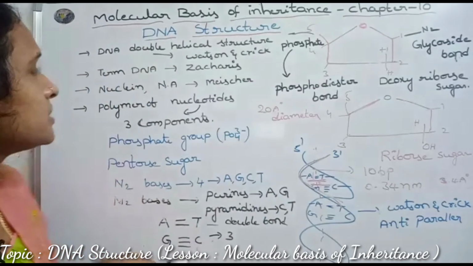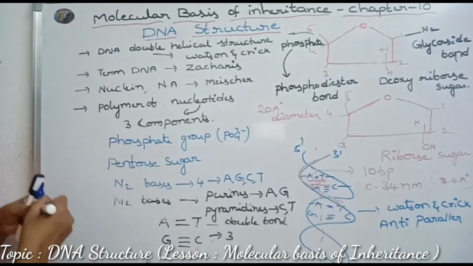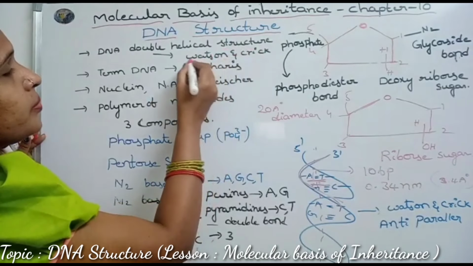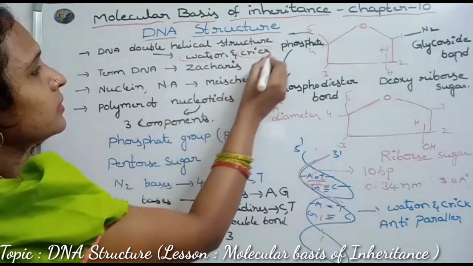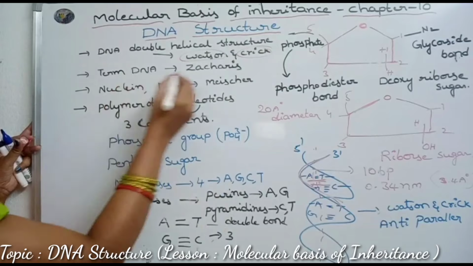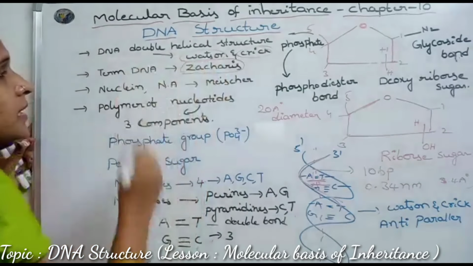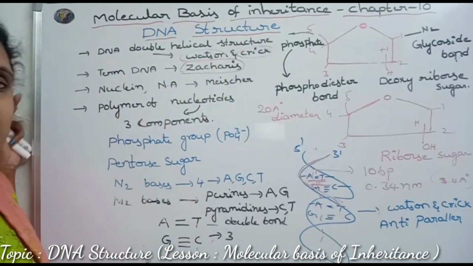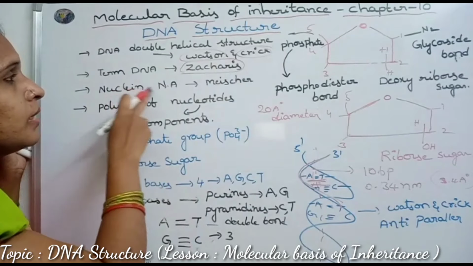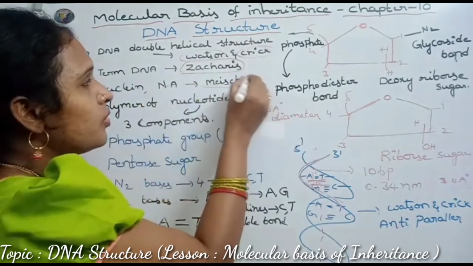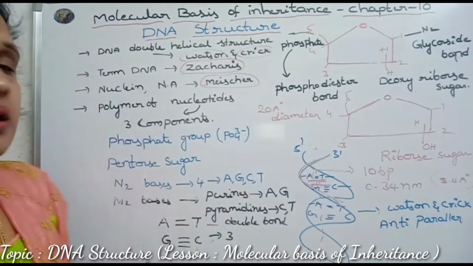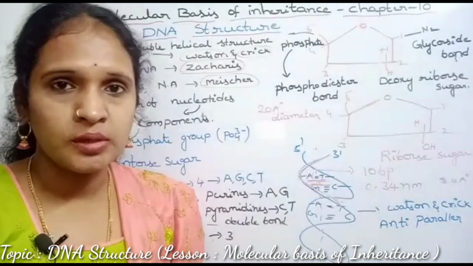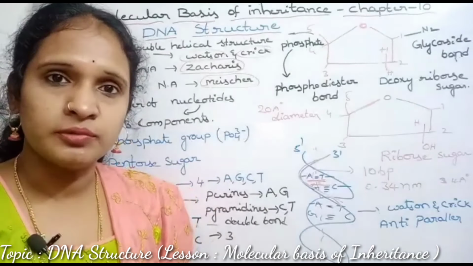Once again, quick revision. DNA is a double helical structure proposed by Watson and Crick. The term DNA was coined by Jackaris. DNA acts as a nucleic acid, and the term nuclein or nucleic acid was coined by Meyer. DNA is a polymer of nucleotides. Poly means number of.